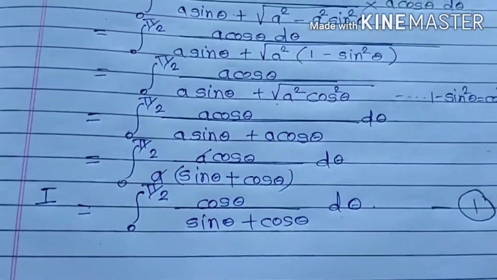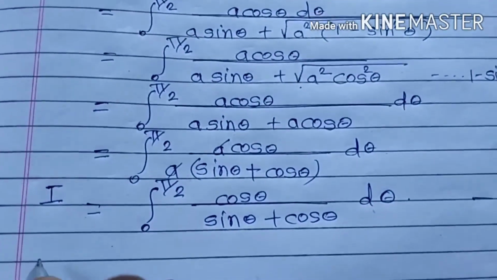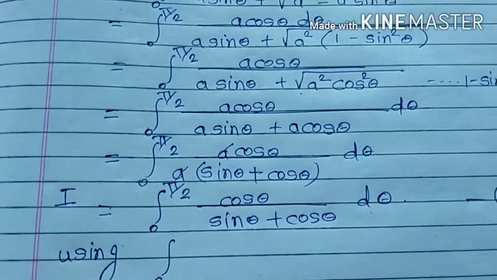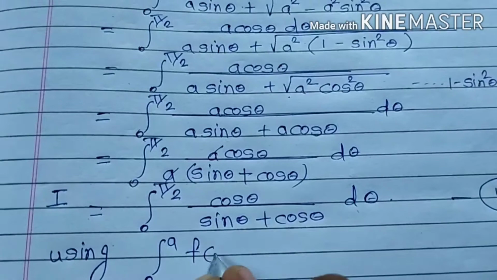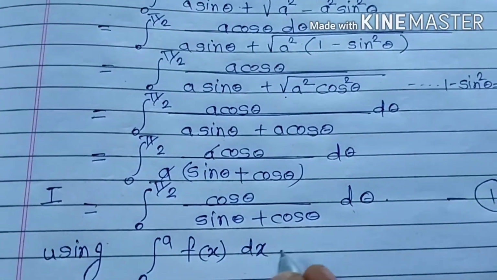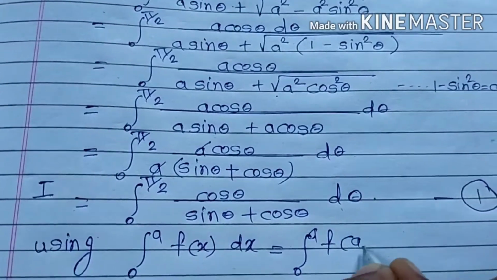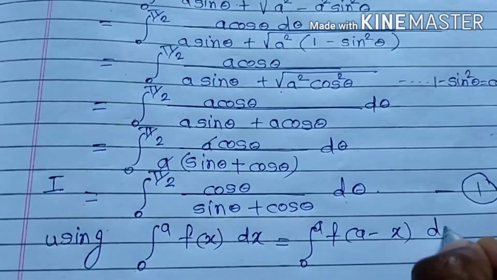Now using the property, the integral from 0 to a of f of x dx is equal to the integral from 0 to a of f of a minus x dx.